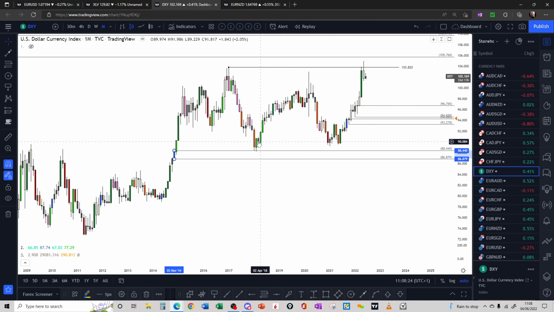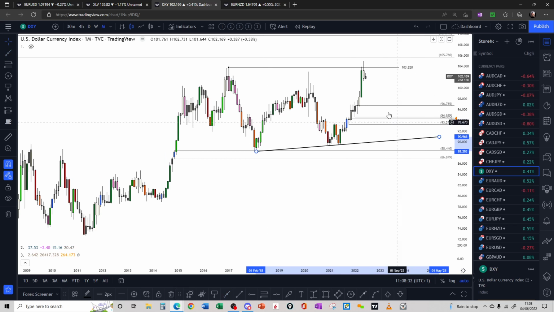You've had that one work already, and you've made it to new highs, which is why I suppose you would favor the long side a bit more. You've managed to get above that high, so you've made a higher low, higher high. Classical definition of an uptrend.